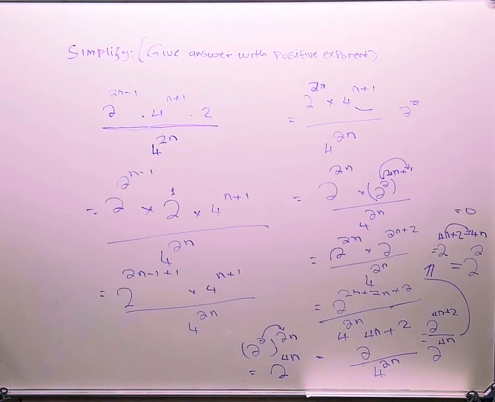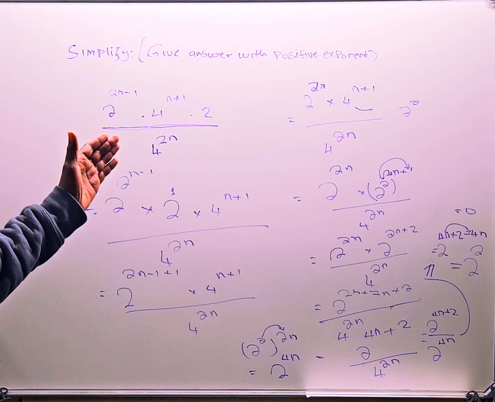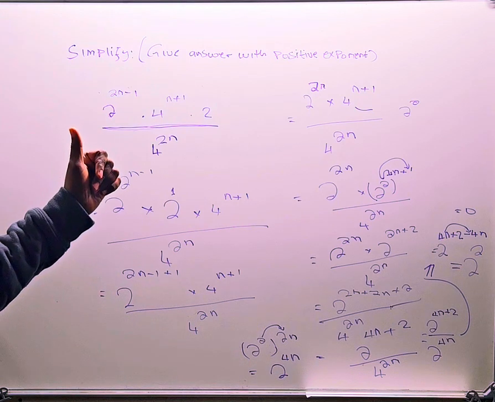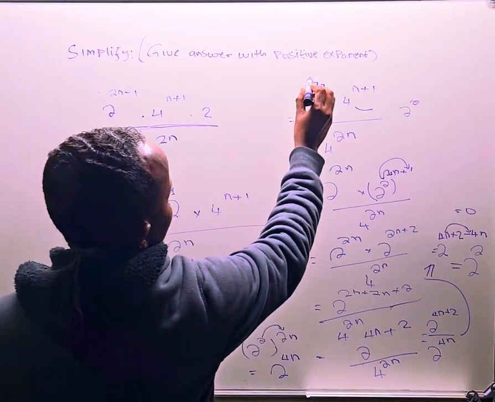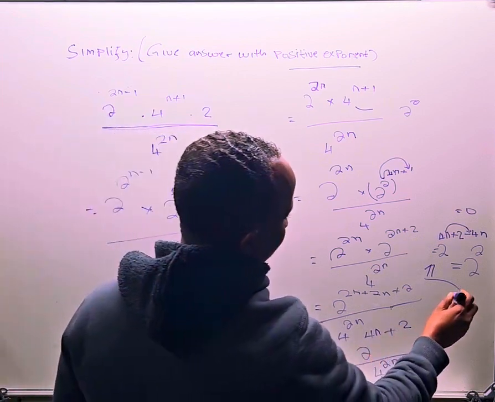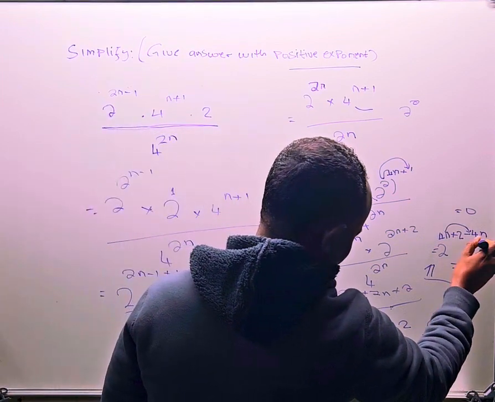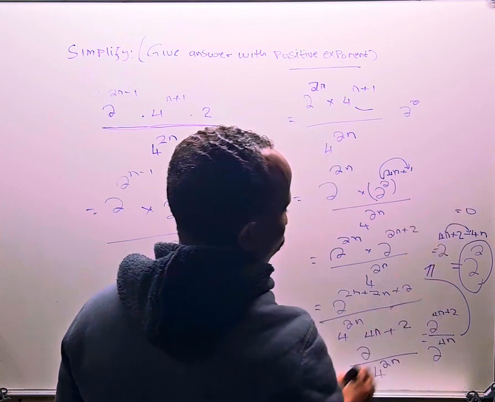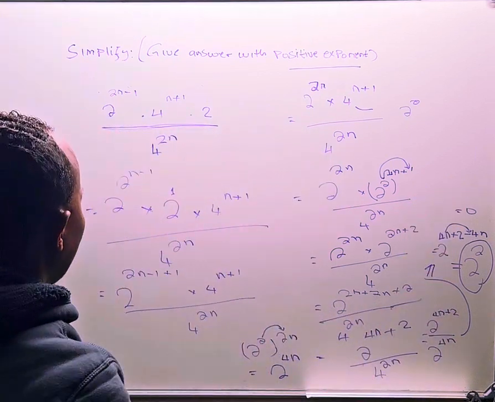Done. I was told to give the answer with positive exponent. I therefore need to leave my answer as 2 squared, or 2 to the power of 2.